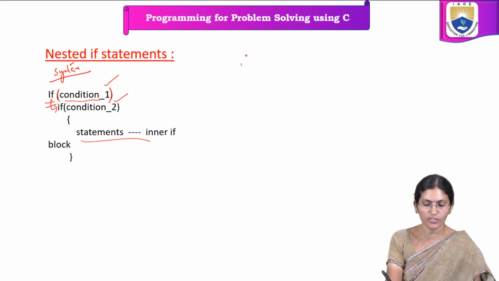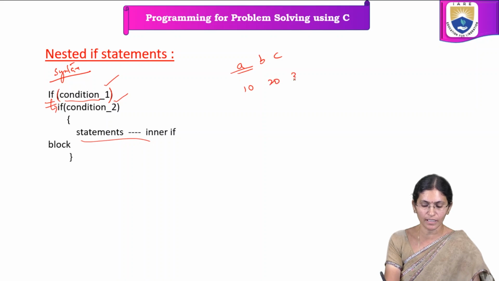Suppose we have 3 numbers A, B, C, which are 10, 20 and 30, and we need to check which of the numbers is greater. That we can do by using this nested if statement.